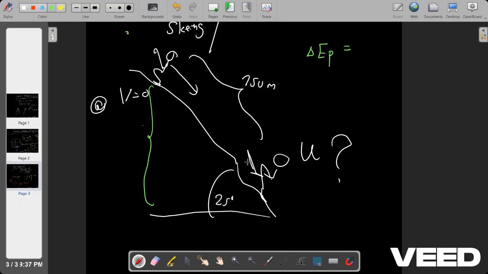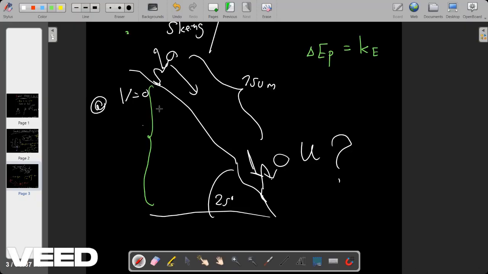So we can assume it is transferred into kinetic energy, because initially he hasn't got any kinetic energy, but he had the potential energy stored. Here, all the potential energy has been converted into kinetic energy. So this is an O level question. When you plug in the values, it is mg delta h equals kinetic energy, half mv squared.